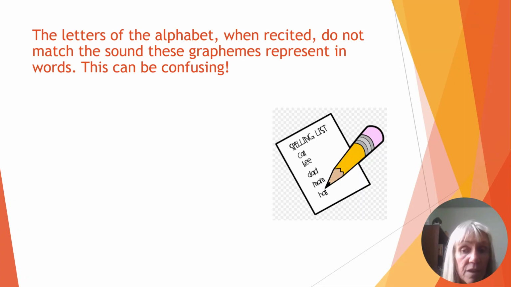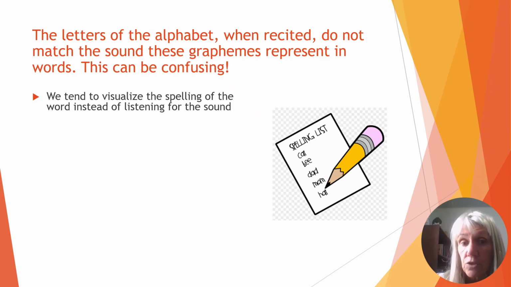So the letters of the alphabet, when we recite them, do not always match the sound these graphemes represent in words, and this can lead to confusion, okay? We may tend to visualize the spelling of the word instead of listening for the sound.